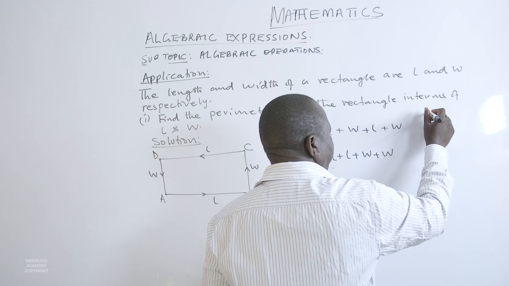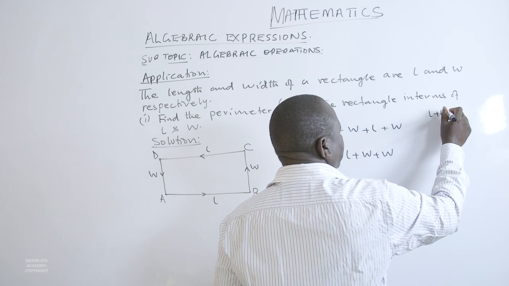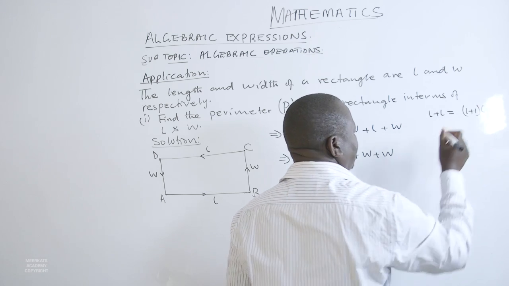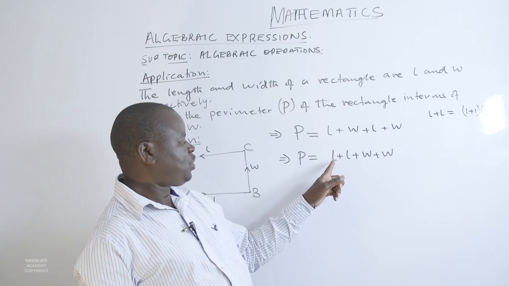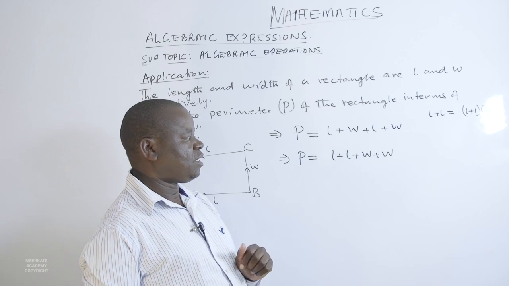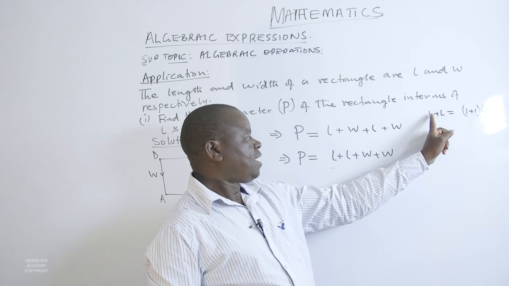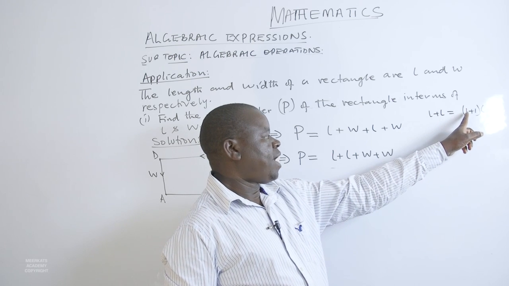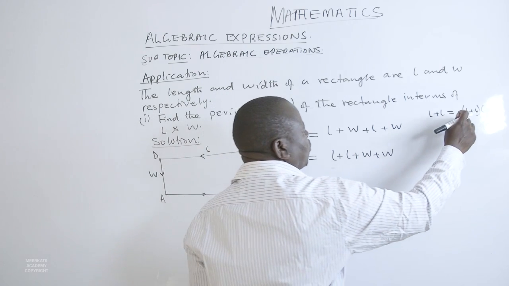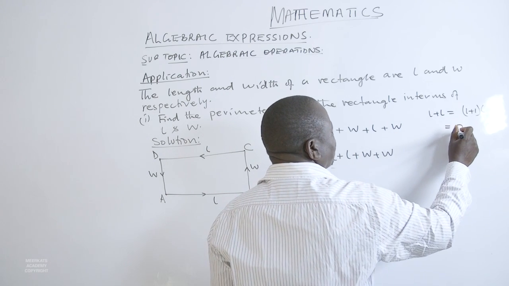We have L plus L, which we can write as 1 plus 1 into L. The coefficient of L here is 1, and the coefficient of L there is 1. So L plus L is 1 plus 1, then we multiply by L. And 1 plus 1, we get 2L.